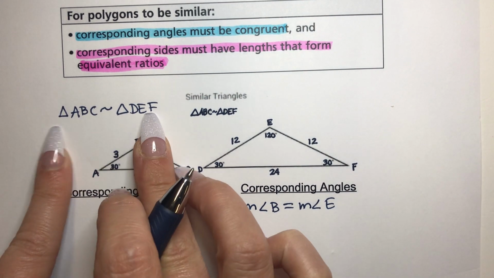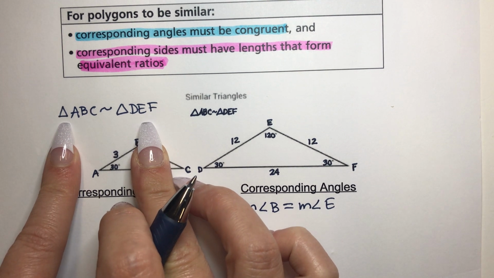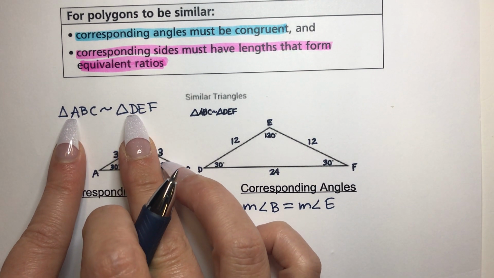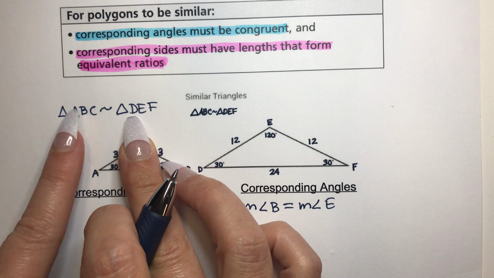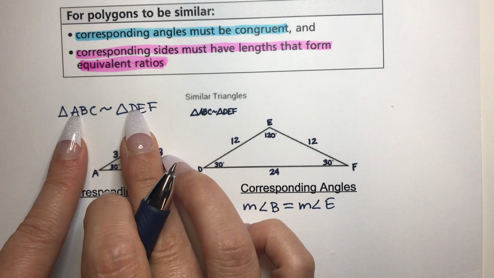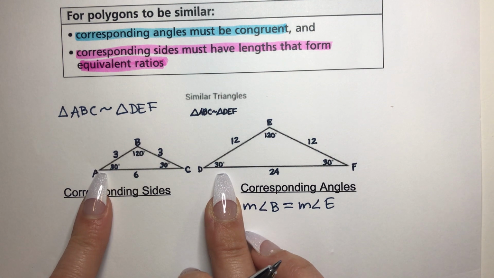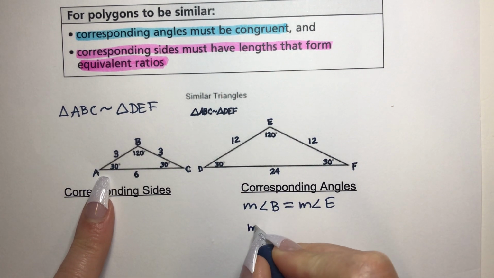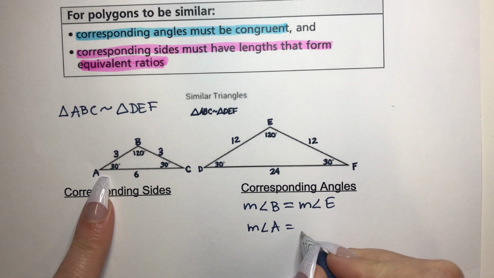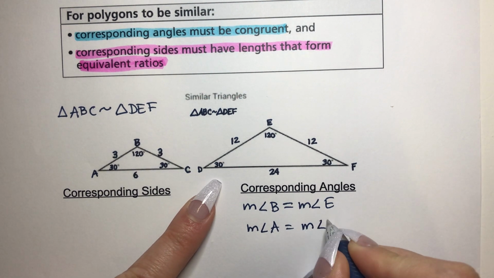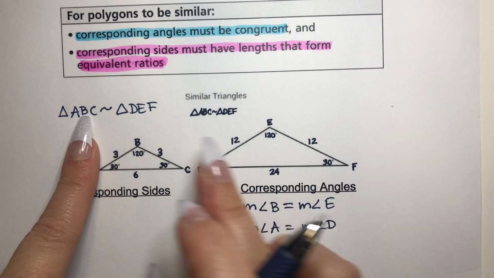So when we have this information, this actually tells us all of the angles that are similar. Okay, so this first letter and this first letter, A and D, those are corresponding angles. So we know that the measure of angle A is equal to the measure of angle D. Okay, now what letter's next?